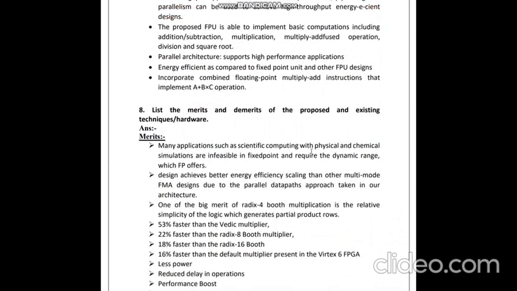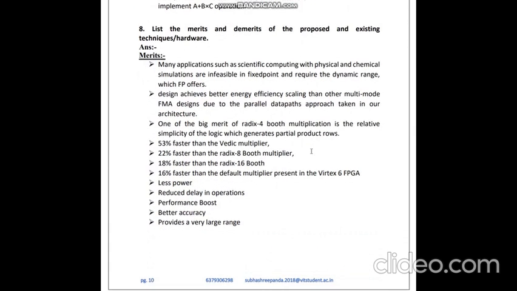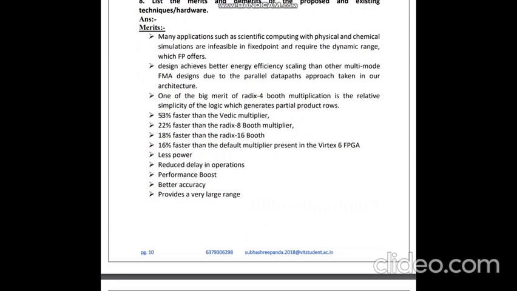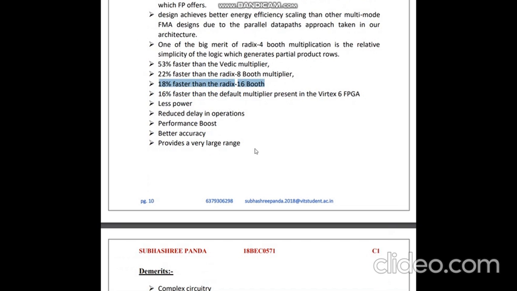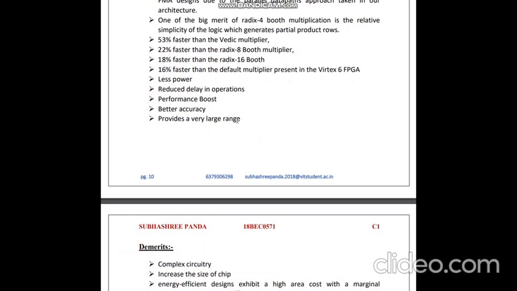The same merits and demerits of the proposed and existing techniques are hardware: 53% faster than the Vedic multiplier, 22% faster than the Radix 8 multiplier, 18% faster than the Radix 16 multiplier, and it consumes less power, reduced delay in operations, performance boost, better accuracy, and provides a very large range.